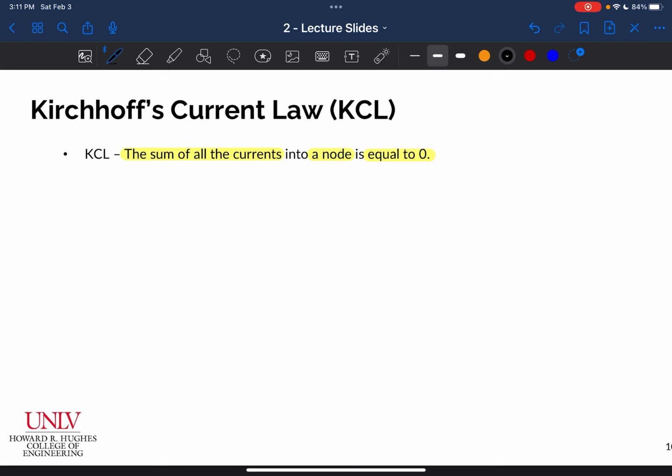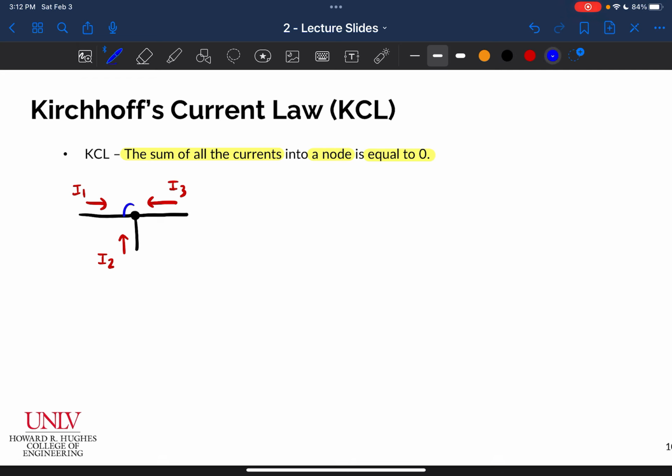So what does that mean? If I draw a node with a couple of wires coming in, again, we remember that a node is just a place where a bunch of wires meet. And let's say I have a current I1 coming in here, a current I2 coming in here, and a current I3 coming in here. Well, pretty simply put, Kirchhoff's current law states that the sum of all the currents into a node is equal to 0.